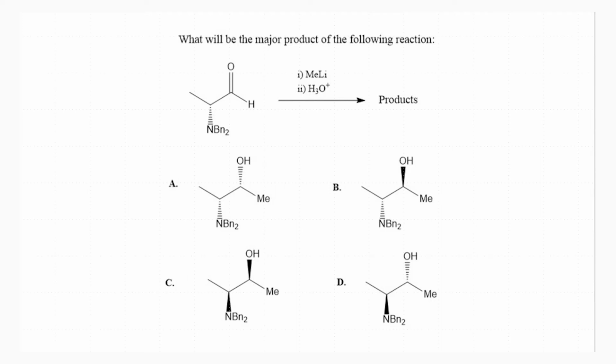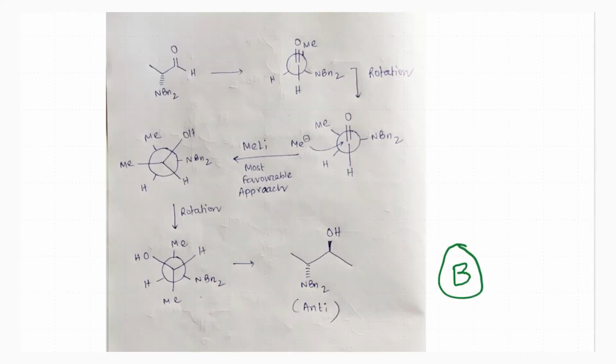Now, in order to answer this question, we need to first understand that we need to use the Felkin-Anh model for prediction. For this, you first need to draw the starting material in the right orientation.